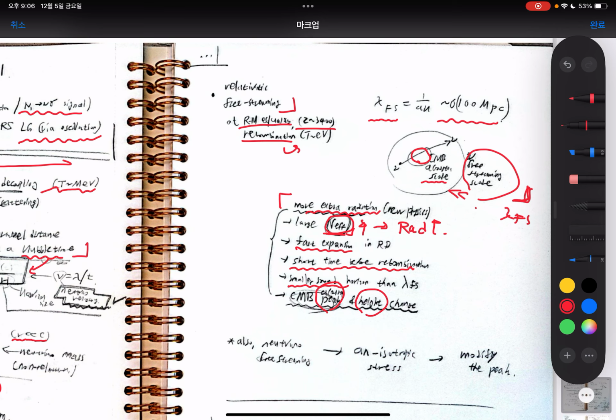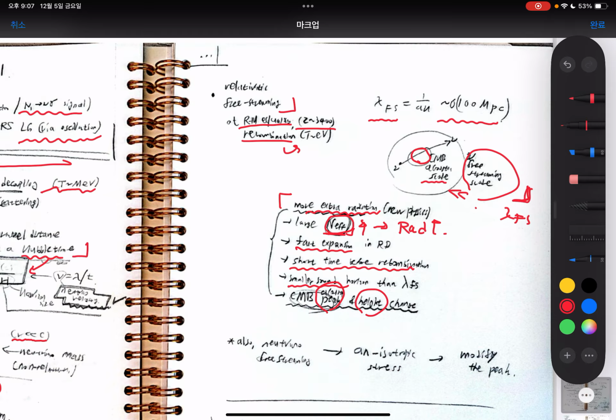So by testing the observed CMB anisotropy or power spectrum, we can test N_eff.